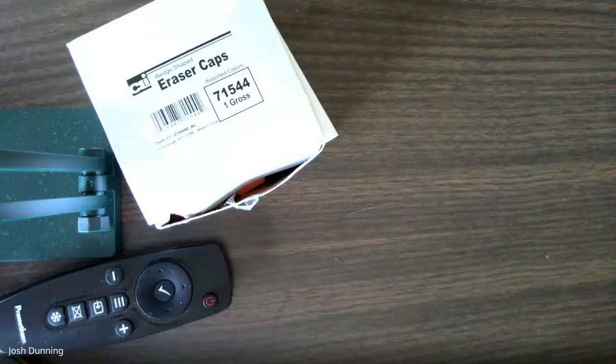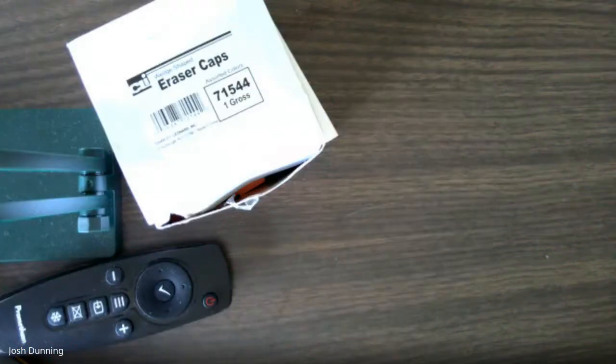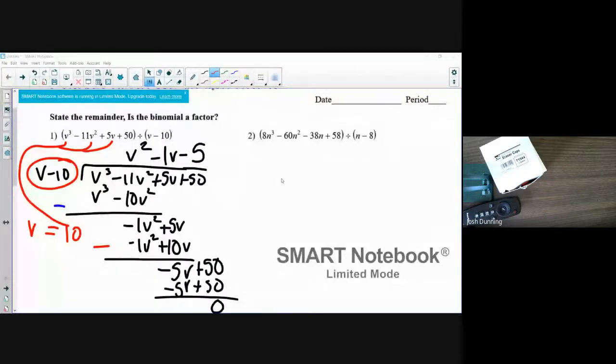So let me go back one more time, and then I won't go back again after this. So on 2, all I want to know is the remainder and if it's a factor, so I don't have to do all that division. So I'm going to plug in n equals positive 8. I'm going to substitute that in for my variables.